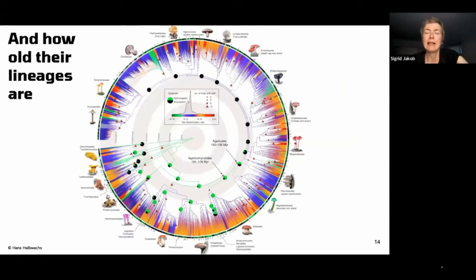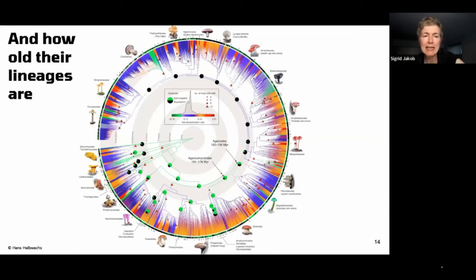So what sequencing really does is allow us to map out the relationships between fungi, between all fungi really. It allows us to build this gigantic family tree. It's a beautiful graphic that showed up in Nature magazine a few years ago, which is essentially a family tree for all the different groups of fungi that there are.